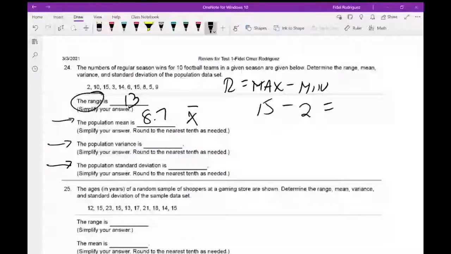Let me stop sharing this. Let me come back to the review. And we're going to look for population variance, and we're going to look for population standard deviation. Okay, so population standard deviation is going to be the number that's going to look like this. That's going to be my population standard deviation. And if you notice, it says round to the nearest tenth. Okay, so let me stop sharing this piece here.